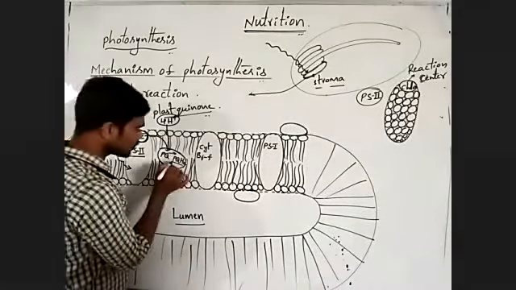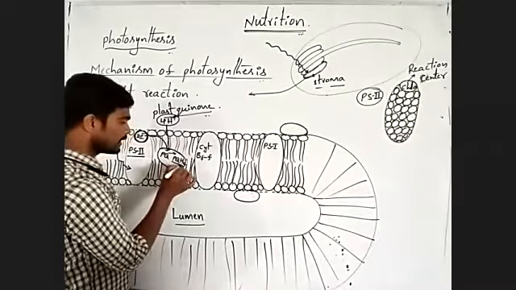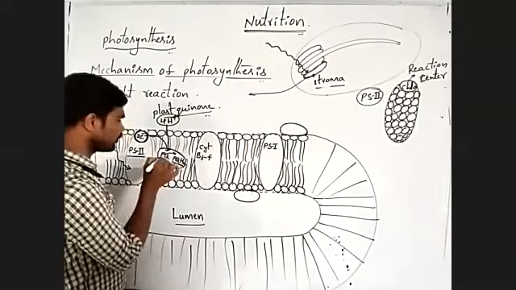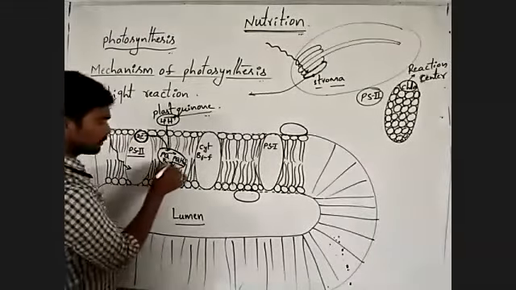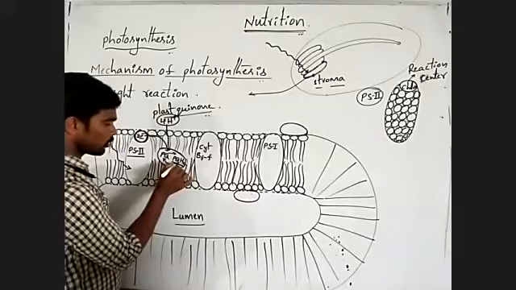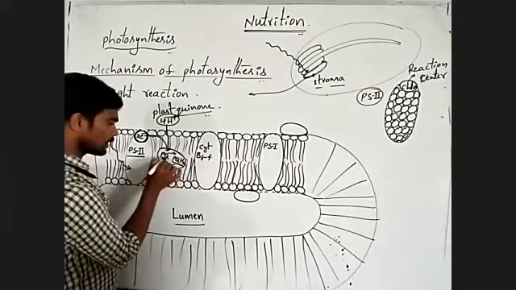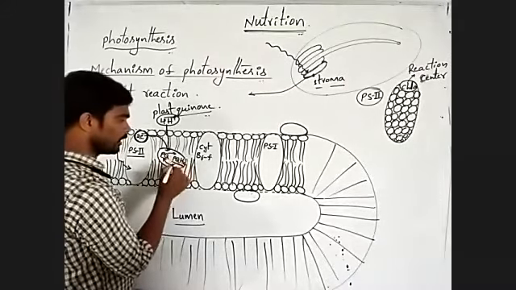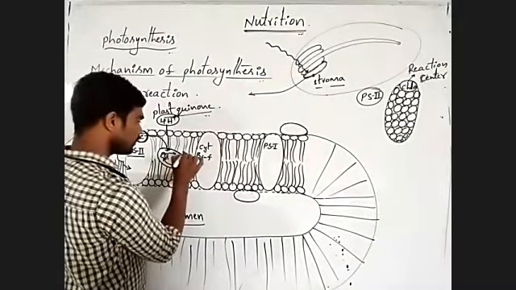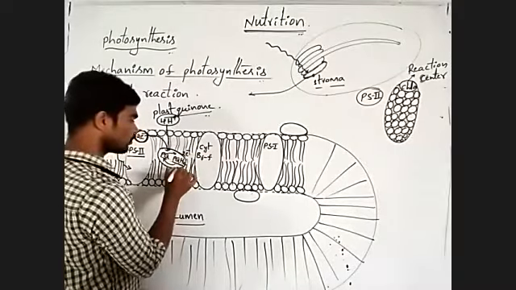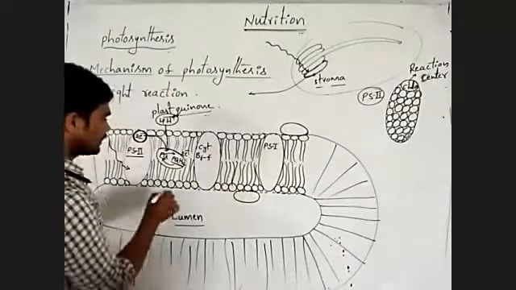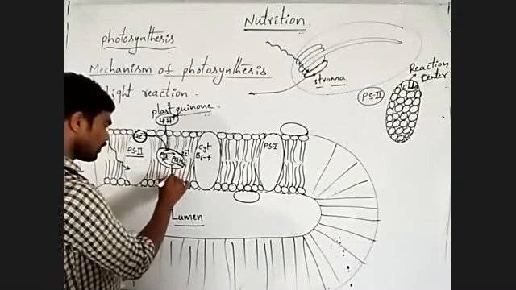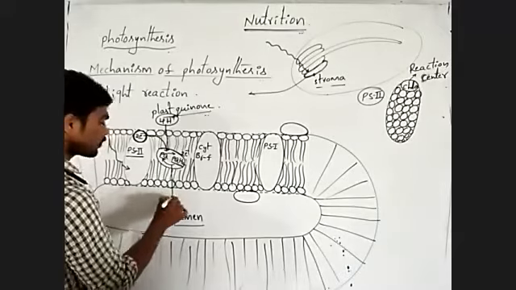The reduced plastoquinone is broken down into normal plastoquinone, two electrons and four protons.